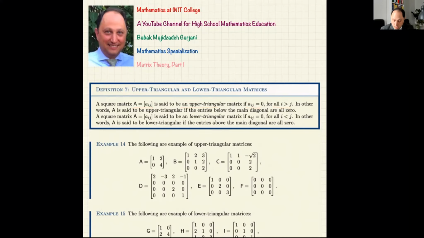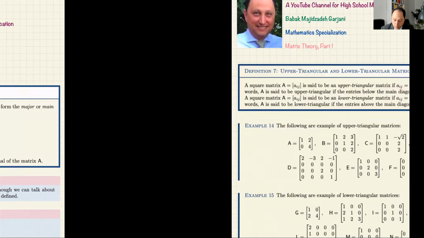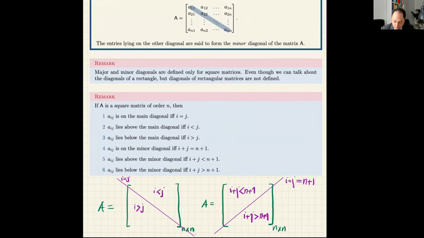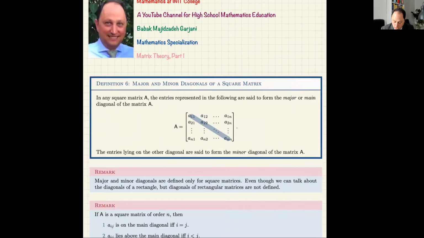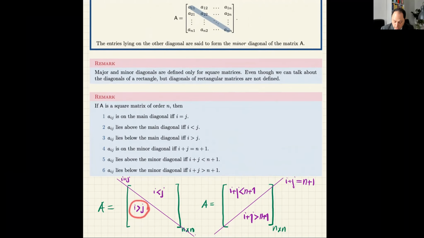So it means that if i is greater than j, a_ij is 0. If I go back to the previous schematic here, if i is greater than j, it means I am here. Everything here is 0. So you see a bunch of zeros below. This is not called lower triangular.